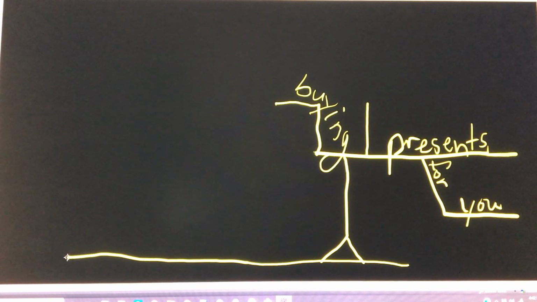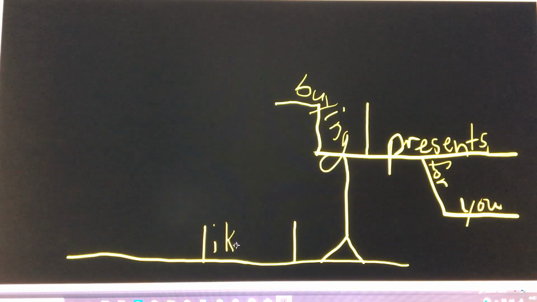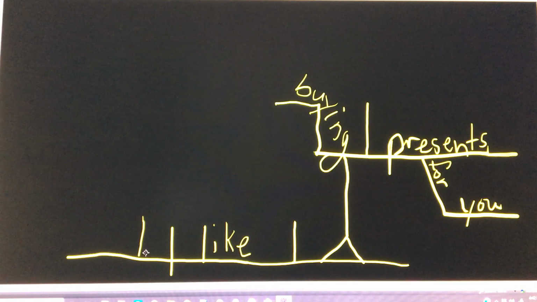So for example, they could be a direct object, as they would be in the sentence, I like buying presents for you. What gets liked? Buying presents for you. That's what gets liked. And so if I put the subject there, I like buying presents for you.